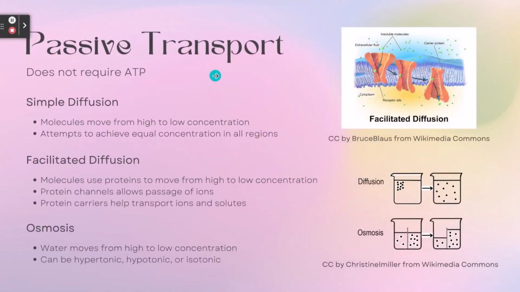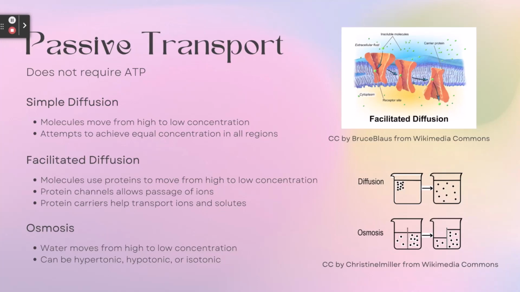So, in terms of passive transport, which again does not require ATP, there are three types. The first one is simple diffusion, where molecules move from high to low concentration, and the purpose of this is to achieve equal concentration in all regions. With facilitated diffusion, molecules use proteins to move from high to low concentration.